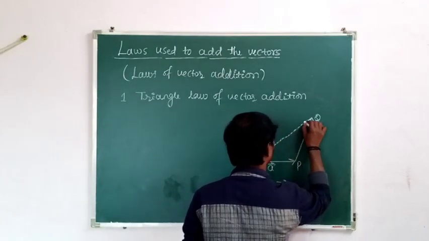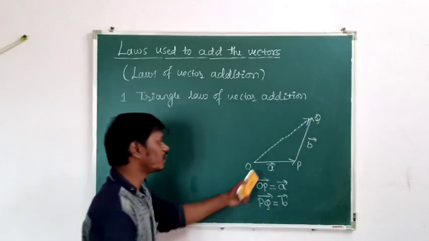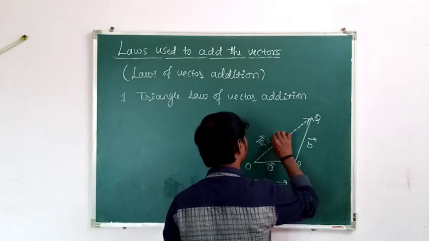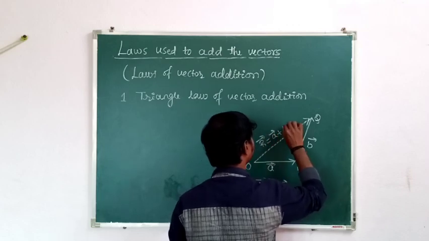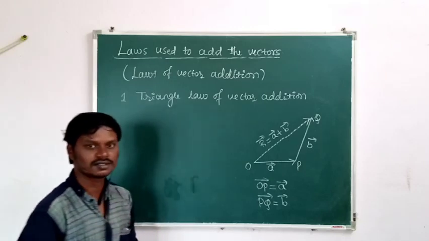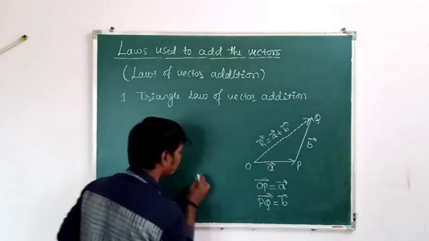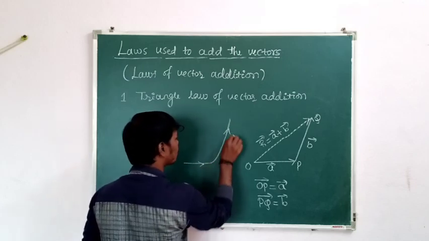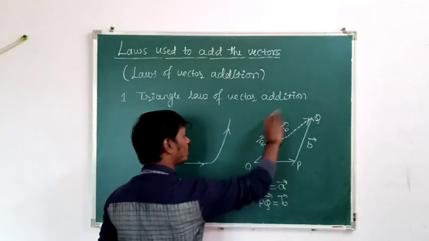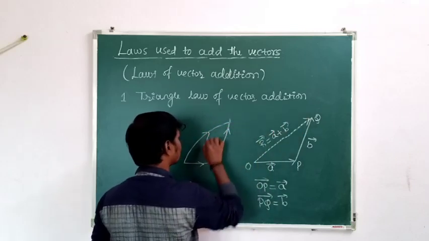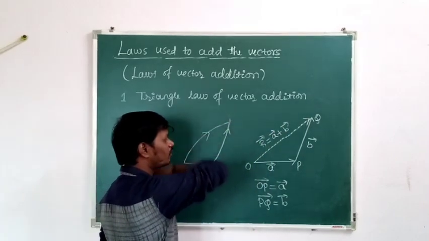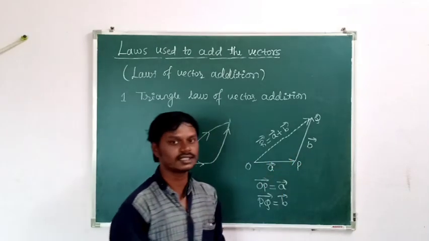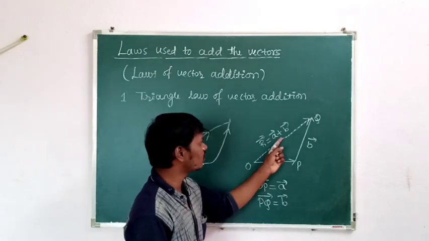So it is the resultant vector of vector A and vector B. Then I will write R is equal to vector A plus vector B. See here, vector A and vector B are taken in the same order, but vector R is taken in the opposite order like this. The resultant vector is taken in the opposite order.